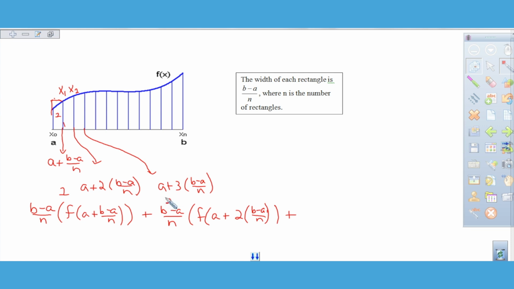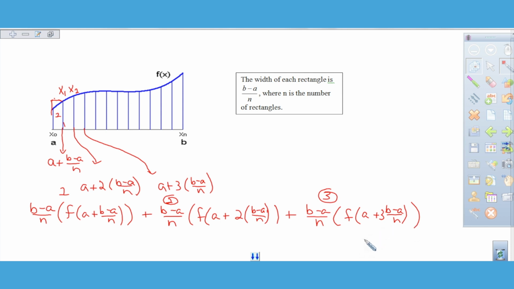And then that would be rectangle 2. And then rectangle 3 would be b minus a over n times the function at the third value. And the third x would be a plus 3 of those, b minus a over n. I didn't put 3 there. Okay, so I think I see a pattern here.